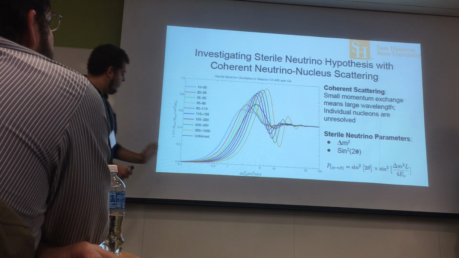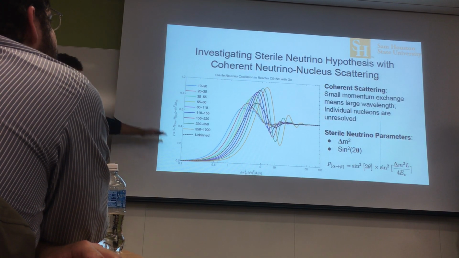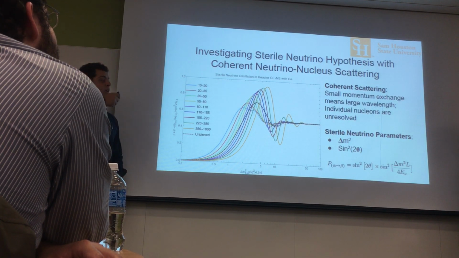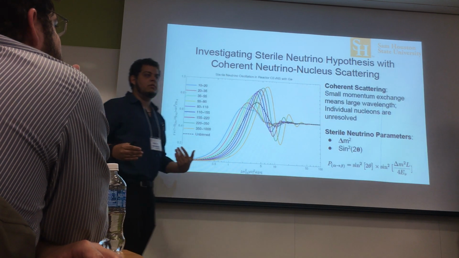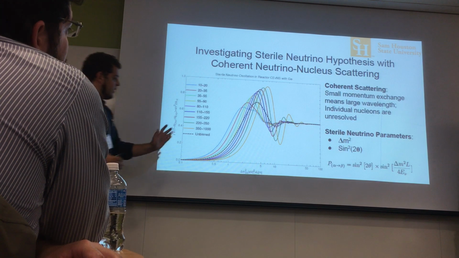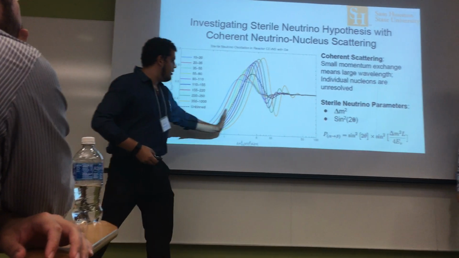We can see that in this region, for very small lengths, there's not much deficit because there's not enough time or length for the neutrinos to oscillate away. And for very large distances, all the effects average out, so there's nothing very interesting to be observed there. The most interesting part is this region.